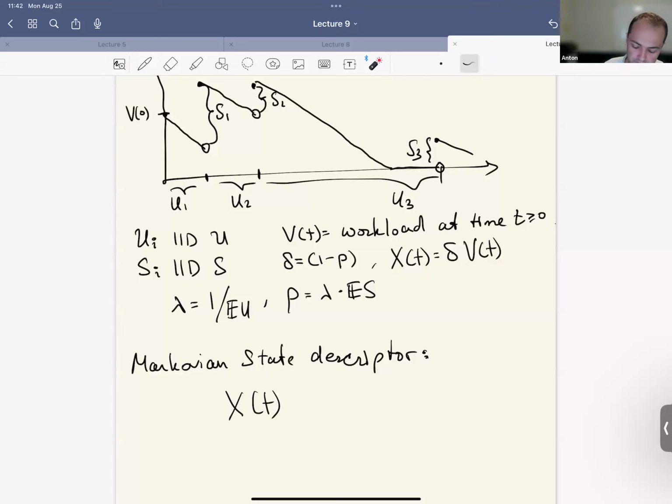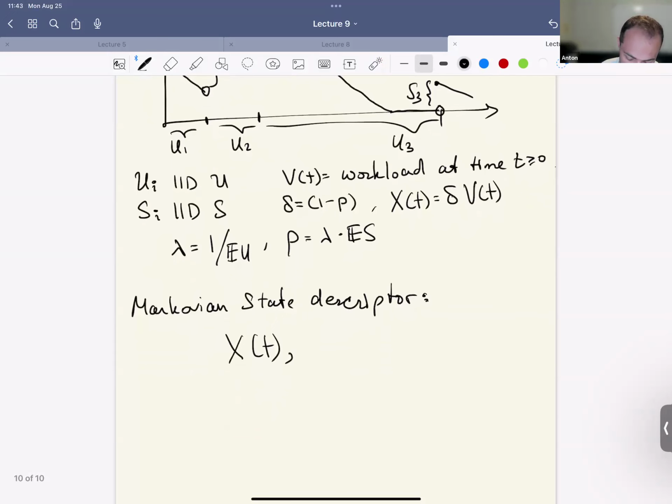If I look exclusively at the workload in the system, is this Markovian? Does this satisfy the memoryless property? No, it doesn't, right? Even though we know that this thing is going to decay at a constant rate, we don't know how long it's been since the last arrival. So we need to know not only the workload in the system, but also some information about the time since the last arrival, or how much longer until the next arrival.